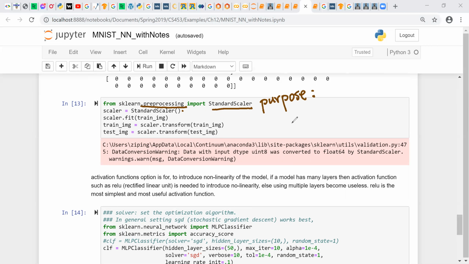This is regarding data pre-processing. There are a number of ways we can do it, and a number of things we need to take care of. Does anyone have the answer about the standard scaler? Who remembers?